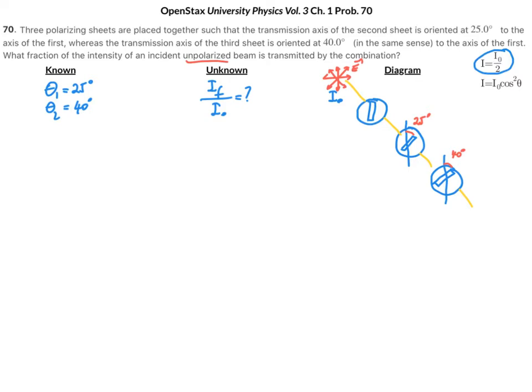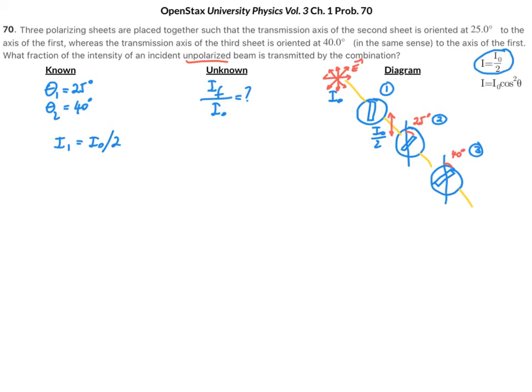So that means that we have I0 over 2 here, and the orientation of the electric field will be in this direction. So I'm going to call this polarizer 1, this polarizer 2, and this polarizer, or analyzer, I guess, 3. So I will say that the intensity after the first polarizer is the previous intensity divided by 2.